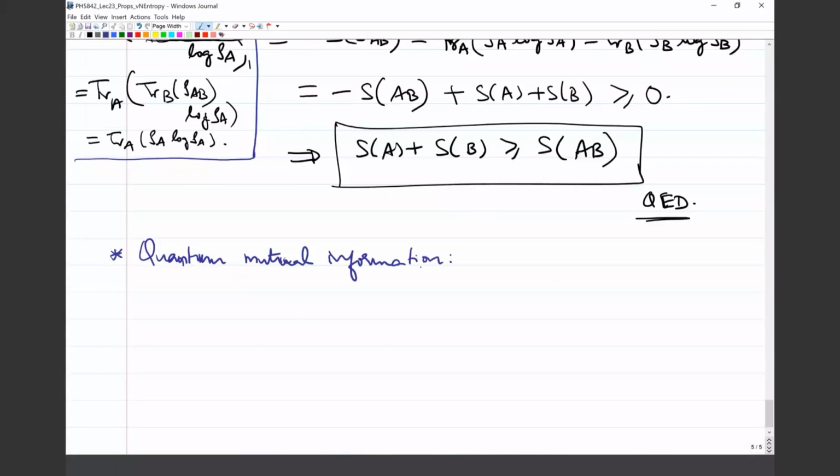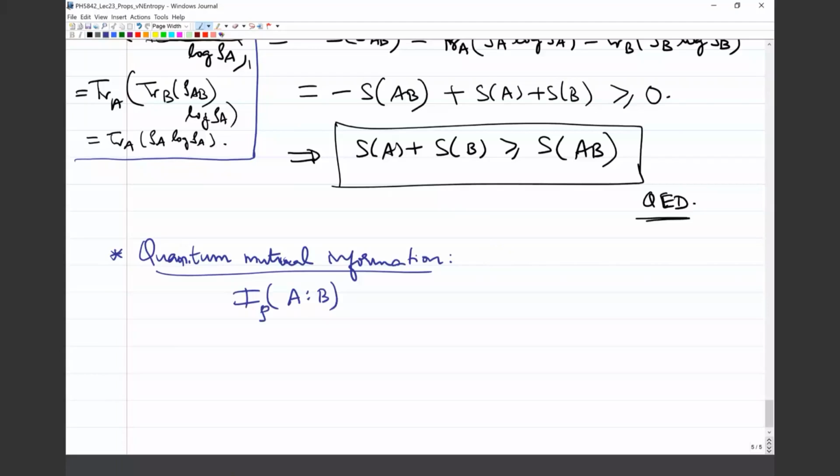This is like a simple corollary of the subadditivity statement. So again, I'm going to call this I(A:B). And often you put a little rho here to reference that you're considering the mutual information of a particular state rho.